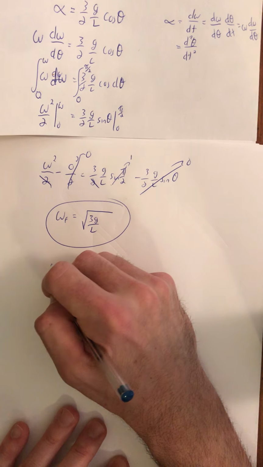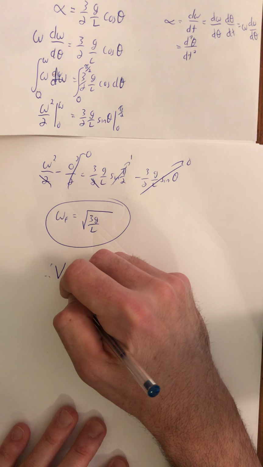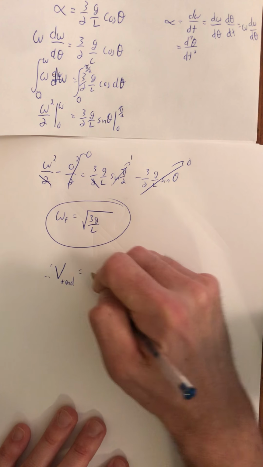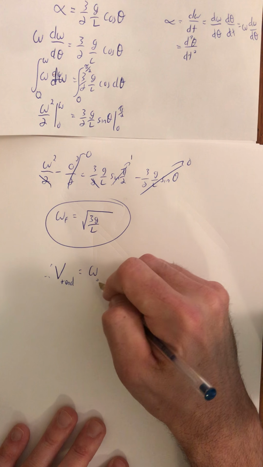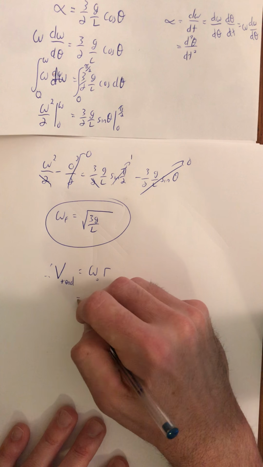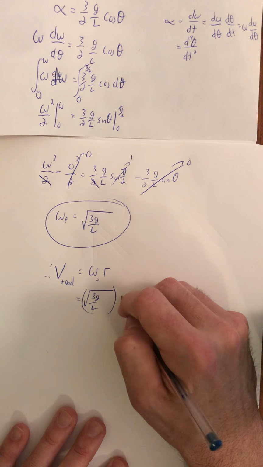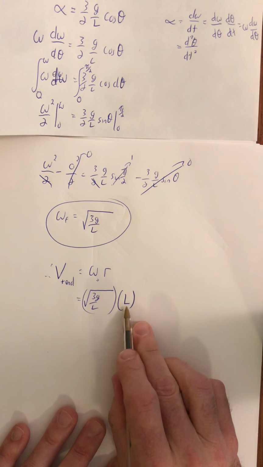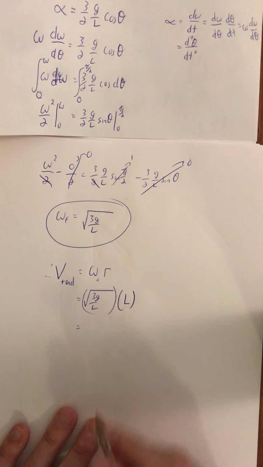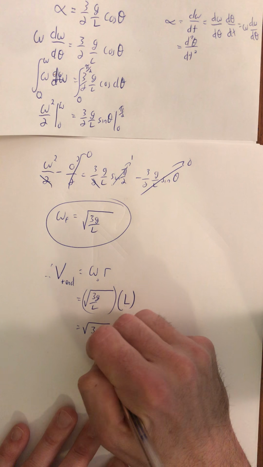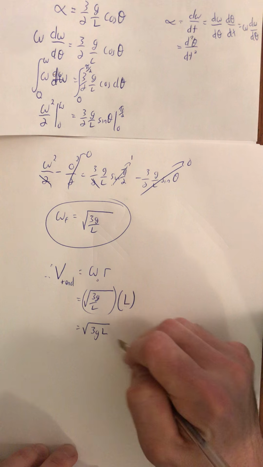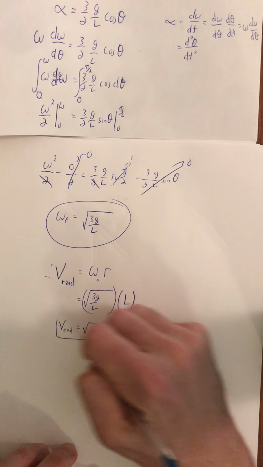Therefore, if I wanted to know the tangential speed of the end point, that'd be omega at that final point times r, so radical 3g over L. I don't know why my radical is so long. And then times L, that's how far that point is from the axis of rotation, so that's just radical 3gL. And that's the answer to our problem.